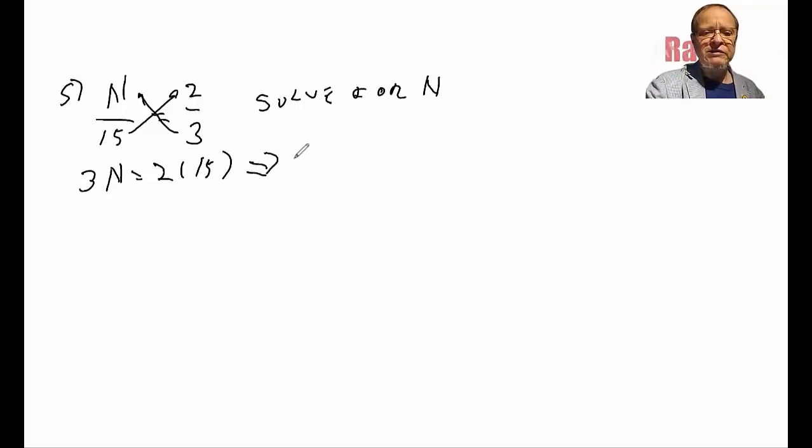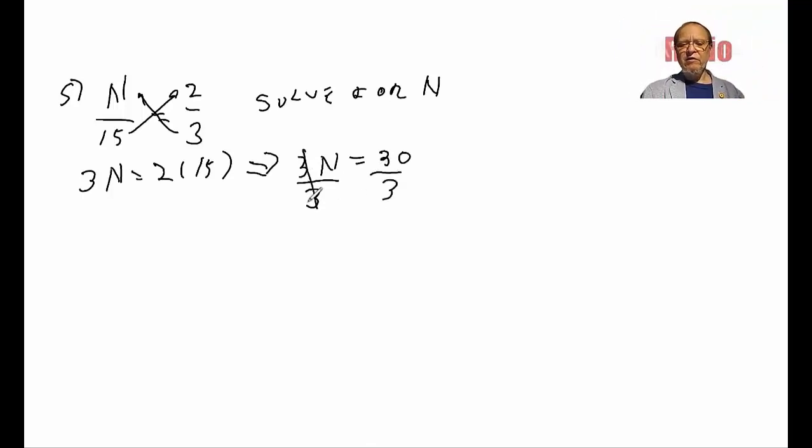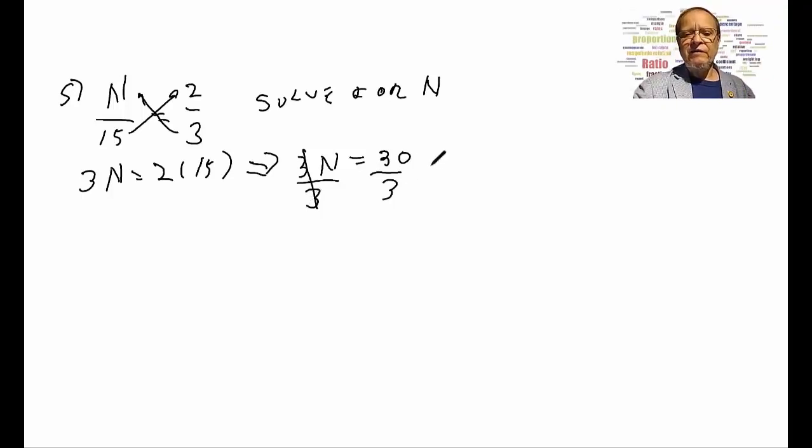This means that 3n is equal to 30. Of course, we divide each side by 3, and this means that n will be equal to 10.